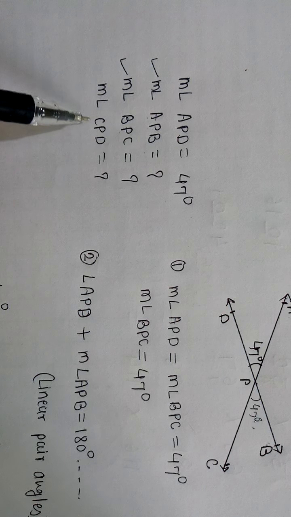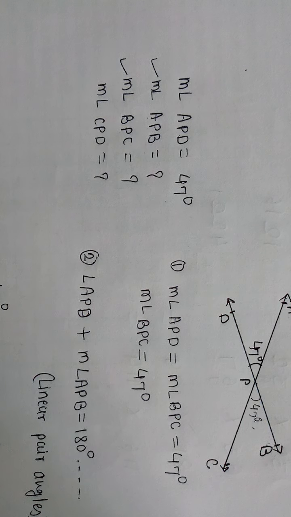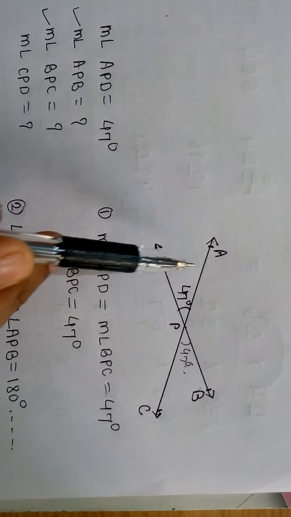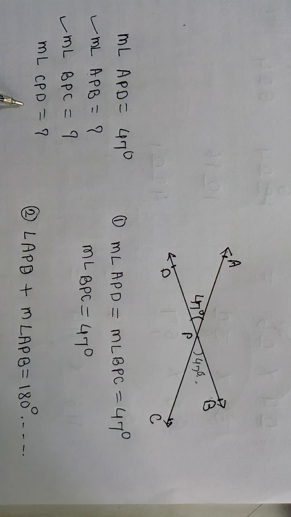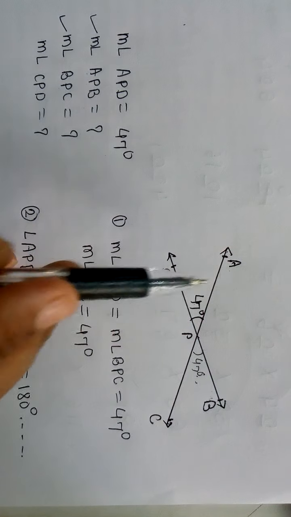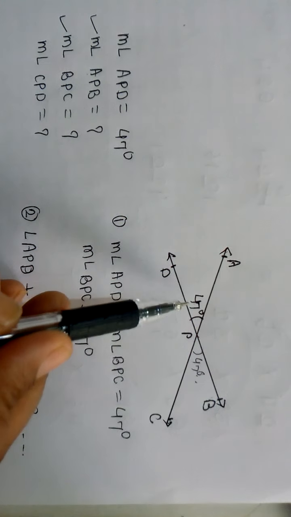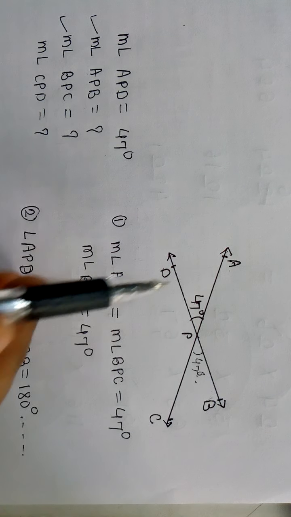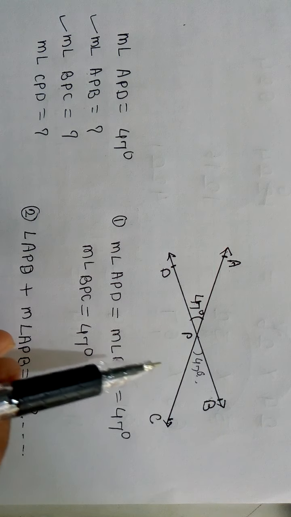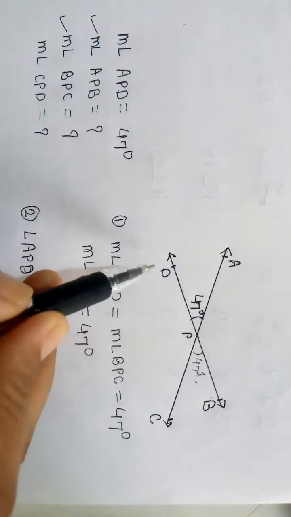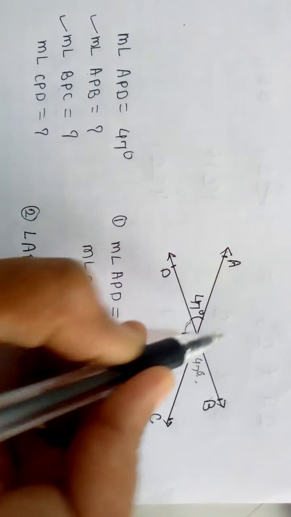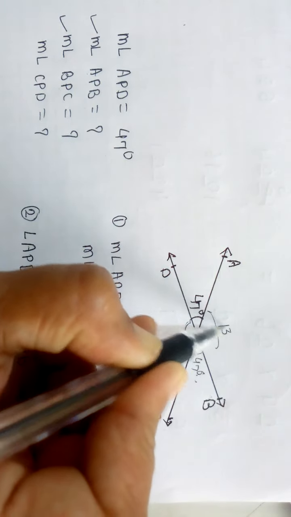Now we will find out CPD. APD is given. We have to find out now CPD, means this angle. Now we got this angle, this is 133 degrees.